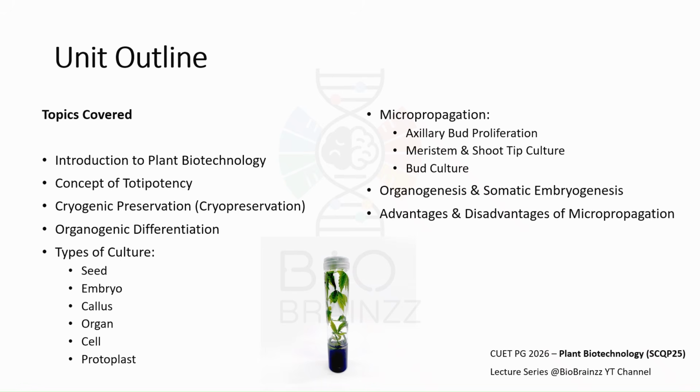Finally, we will compare organogenesis and somatic embryogenesis and analyze the advantages and disadvantages of micropropagation. For CUET PG, such outlines themselves are useful because sometimes questions come like which of the following topics are included under micropropagation or which technique is related to germplasm conservation.